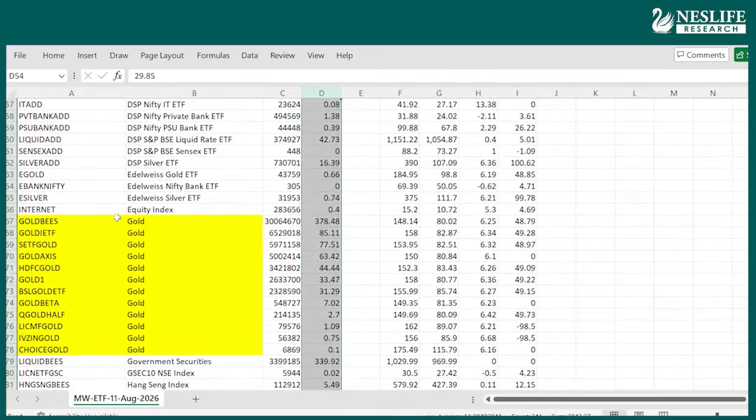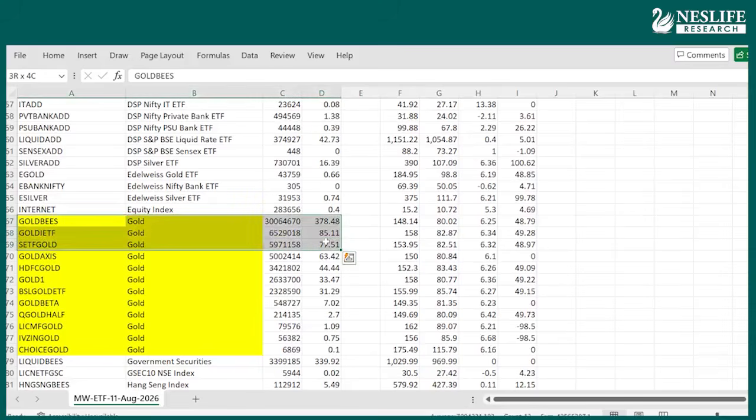Obviously, you can see in the gold. Okay, these are the gold ETFs, out of which this is the highest. This is the second highest. So you can select any three at the beginning based on the liquidity. And let's say these three you found that you want to do further analysis on.